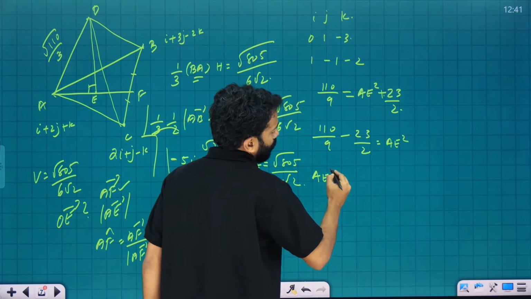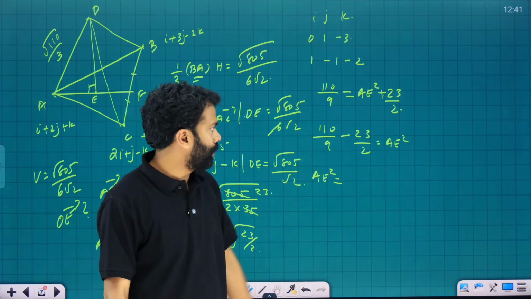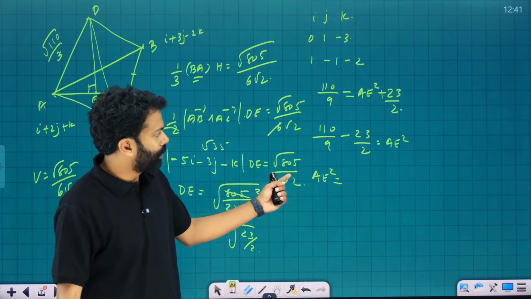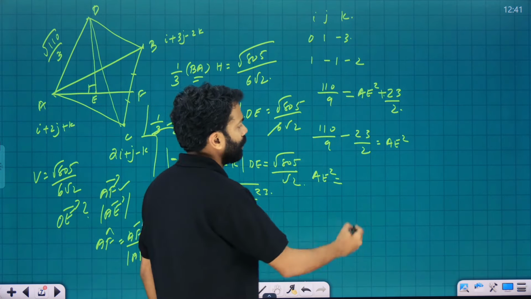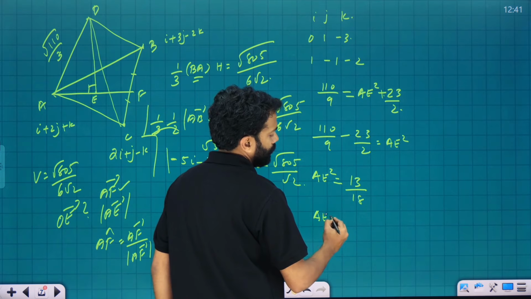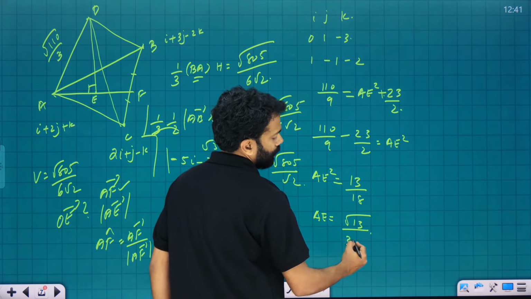That is 110 into 2 is 220, and 23 into 9 is 207, right? That is 220 minus 207, that is 13. That is 13 by 18. So AE is equal to square root of 13 divided by 3 root 2.